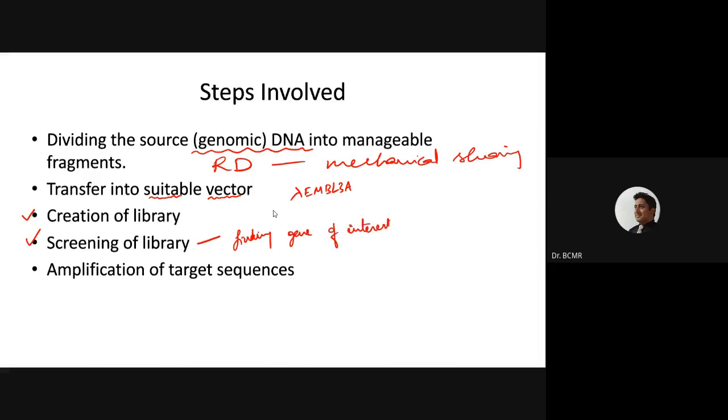When you have taken the whole genome, broken it into pieces, and all the DNA fragments representative of the genome are inserted, we need to find that particular clone we are interested in. There are several techniques for screening. We will learn that in later classes. Once we have done that, we should amplify our target sequence, and then further characterization can be done.